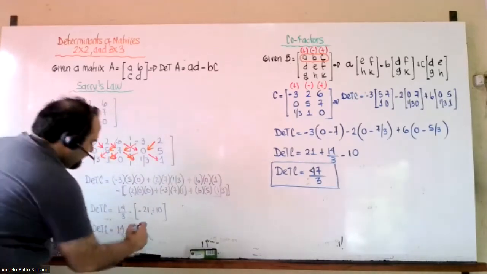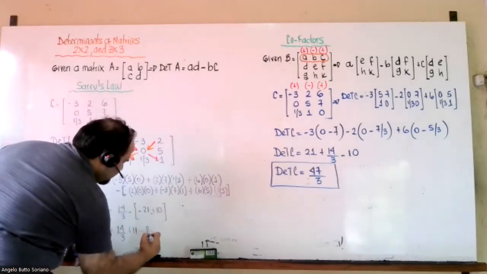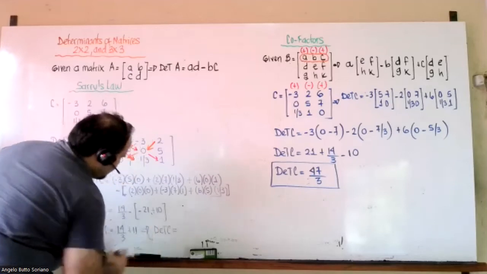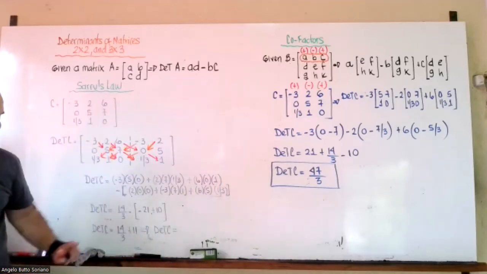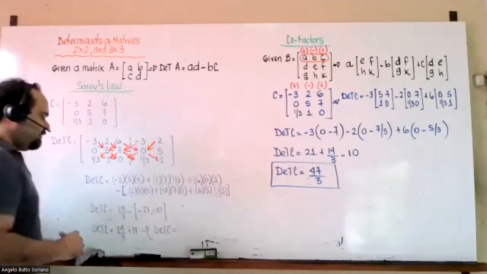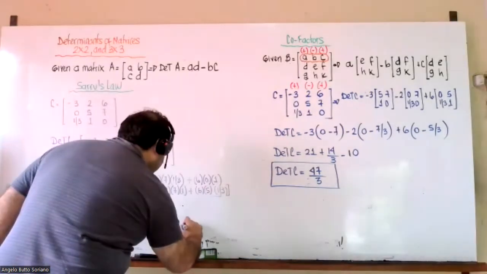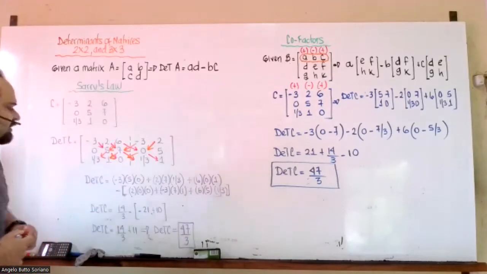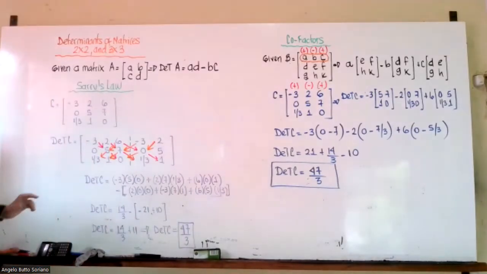And if you add 14/3 plus 11, 3 times 11 is 33, 33 plus 14 will be 47/3. And this is going to be the determinant C by means of the Sarrus method. Questions?